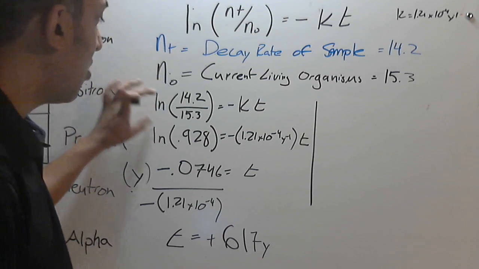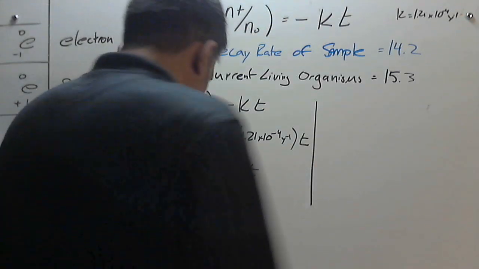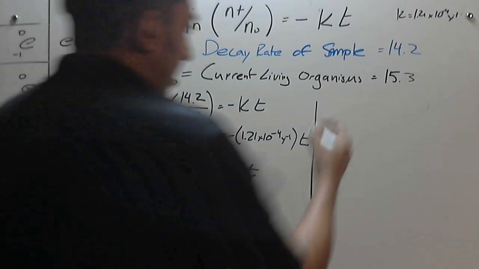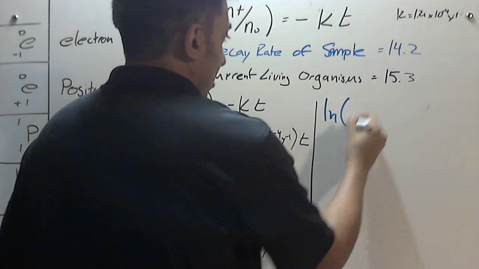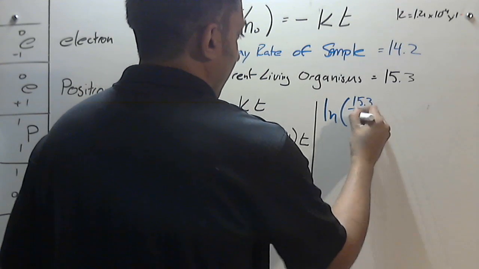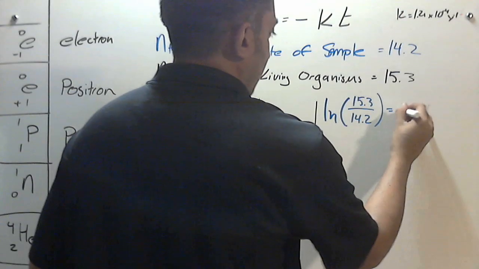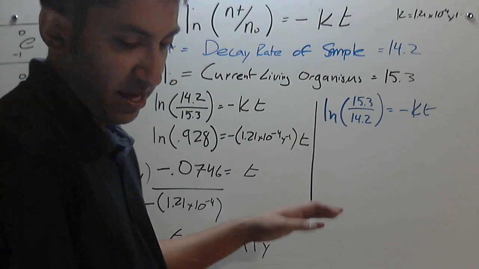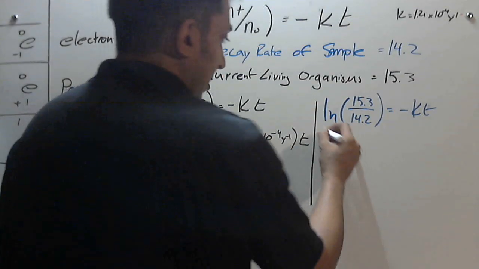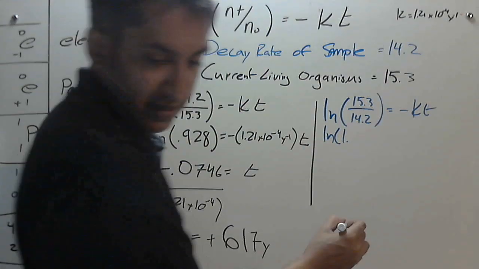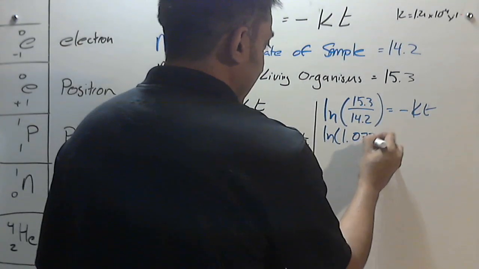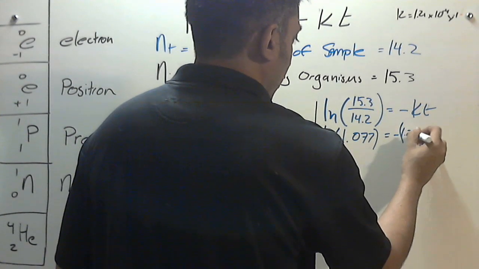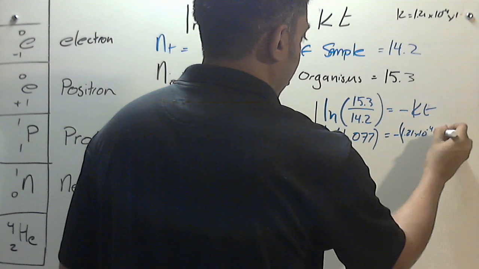Okay, let's pretend you don't remember this way. Let's pretend you don't know which numbers to go. Let's do that over, in blue, so we can see what will happen if we do it the wrong way. ln of 15.3 over 14.2 equals negative kt. Okay, fine. Then what's this going to be? This is going to be ln of 1.077 equals negative 1.21 times 10 to the negative 4 years to the negative 1.